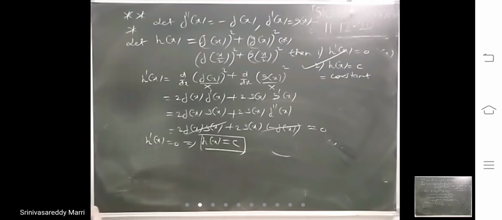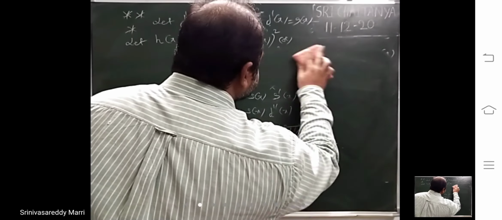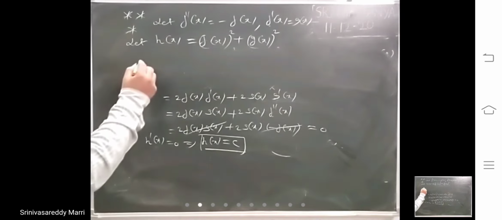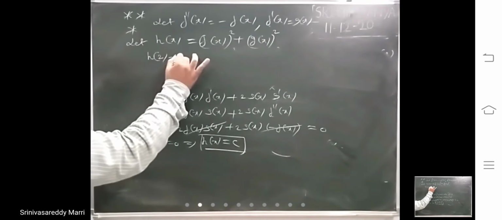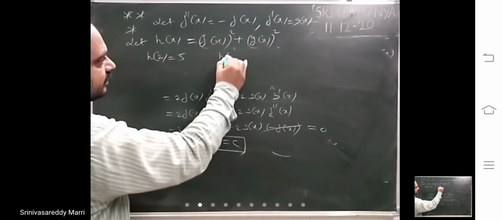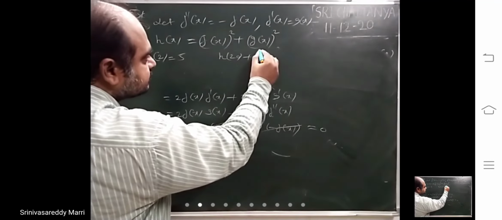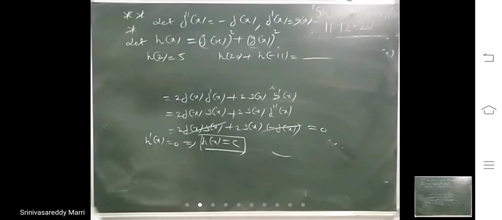Suppose he will give h of x equal to this, and he will give that h of 2 equal to 5. What is h of 20 plus h of minus 11?